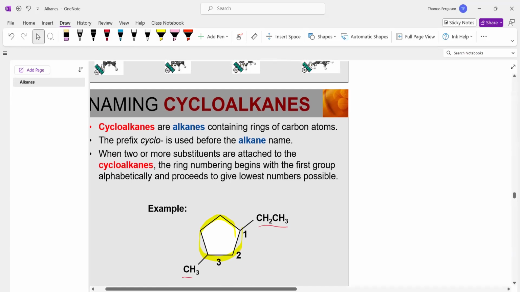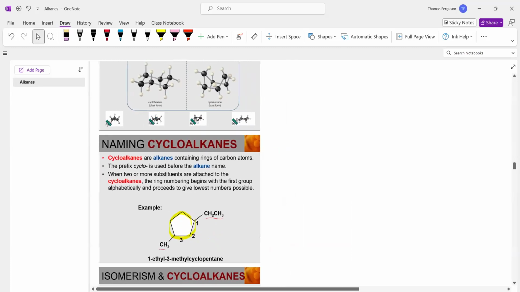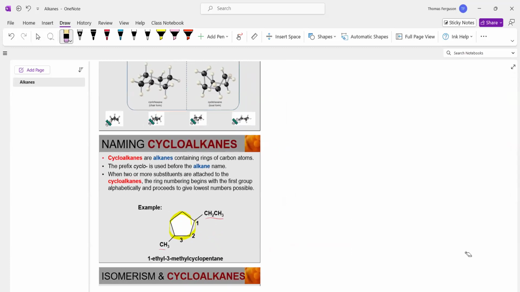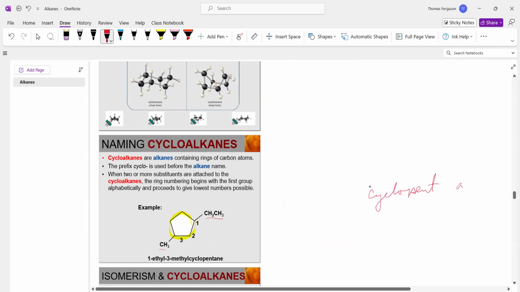So it's a cyclopentane, and we have 2 branches, an ethyl and a methyl.